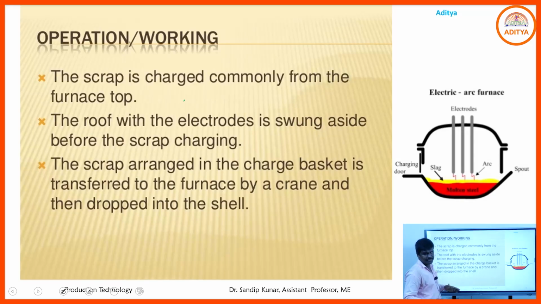Then the scrap is arranged in a charge basket and transferred to the furnace using a crane, then dropped into the shell. We keep the electrodes aside, then charge the metal scrap into the furnace.